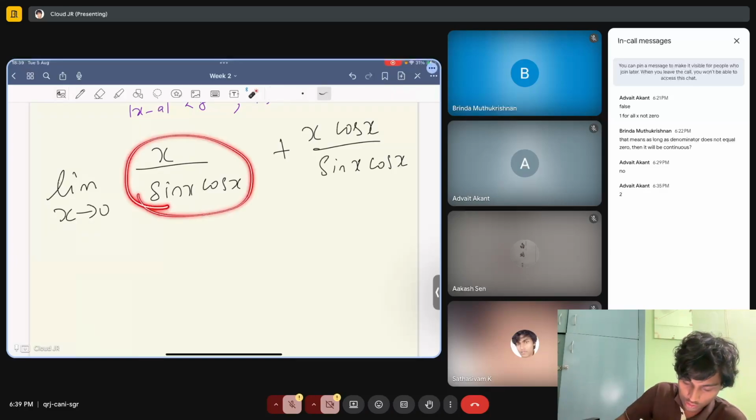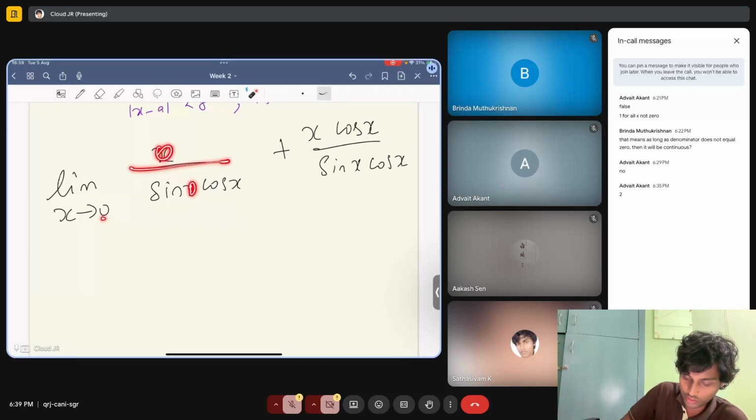Now if you directly apply the limit, this is a 0 by 0 form, right? x is going to 0 and sin x is also 0, cos x is 1 here, and here I can cancel the cos x. So this will be x by sin x. Here also you have x by sin x, but what we know is sin x by x, right?